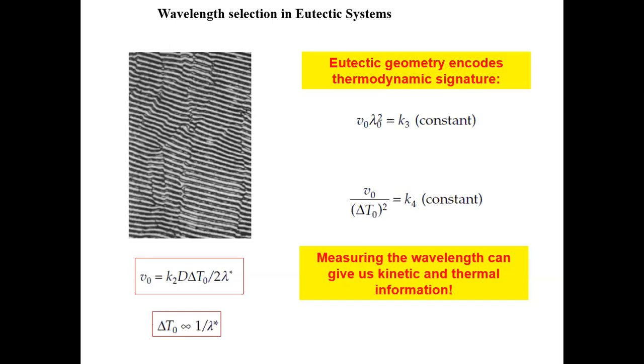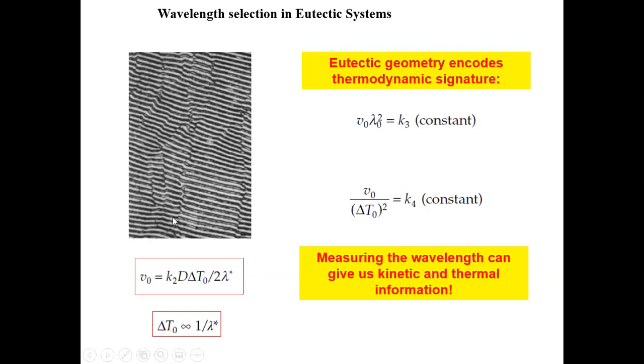Now we know that this wavelength, this 2 lambda star, which gives you the maximum growth velocity, is going to dominate because it grows much faster. It's going to expand into the largest region. So if you look at your eutectic structure, you may see different wavelengths, but the dominant structure is going to be associated with the maximum growth velocity, which is given here.